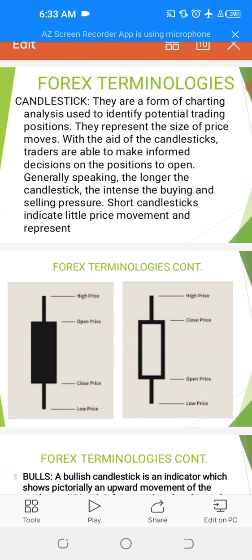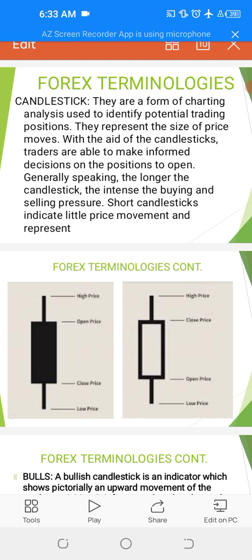With the aid of the candlesticks, traders are able to make informed decisions on the position to open. Generally speaking, the longer the candlestick, the more intense the buying and selling pressure.